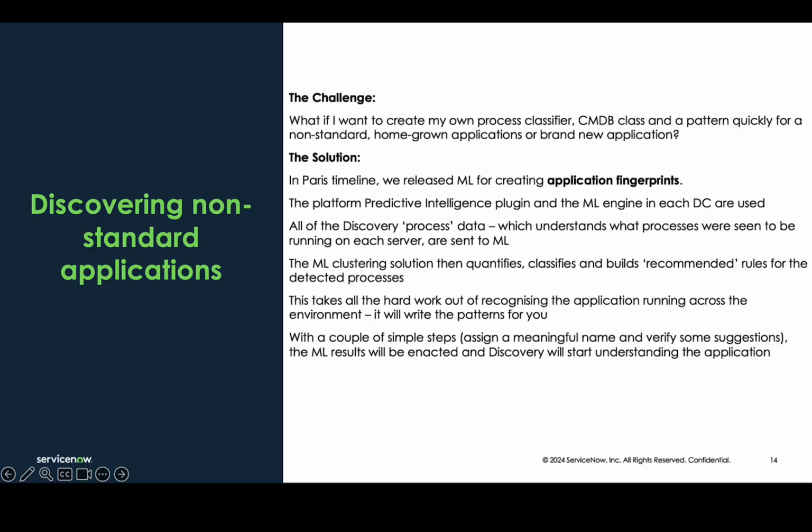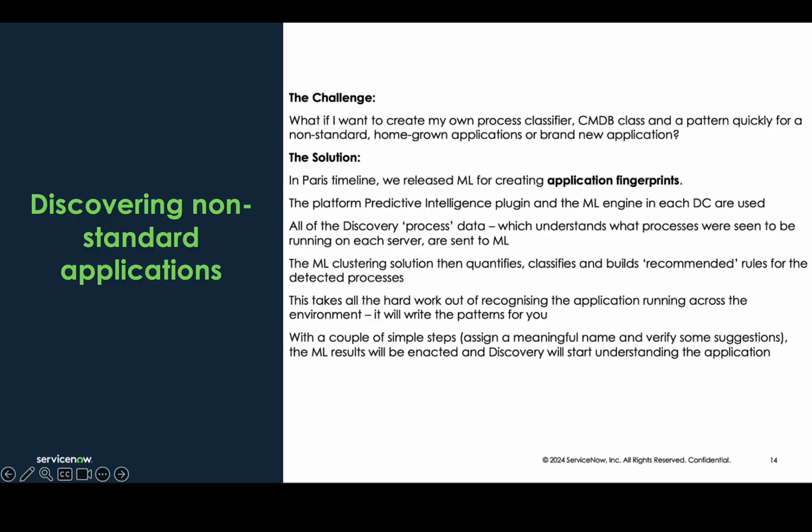So the solution for that is using ML for creating application fingerprints. This came in the Paris timeline, and we use our platform's predictive intelligence and the ML engine in each data center to perform the processing of these application fingerprints. All the discovery process data, which understands what processes were seen to be running on each server, are sent to machine learning.